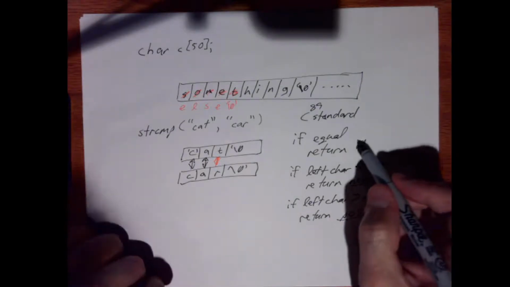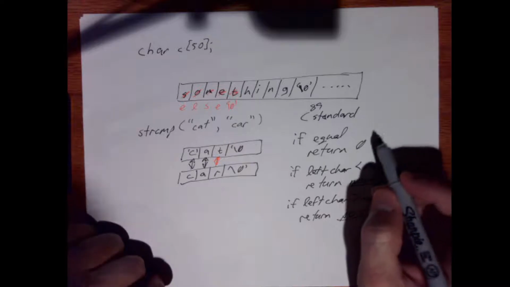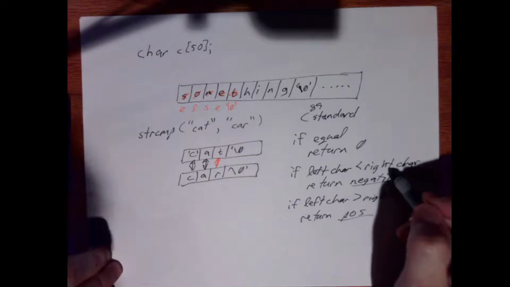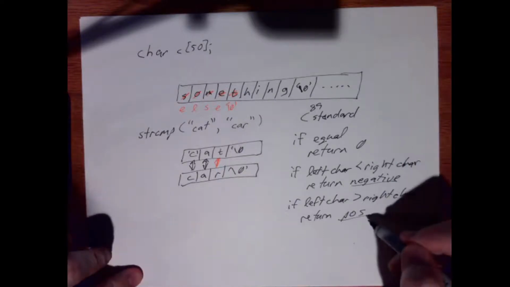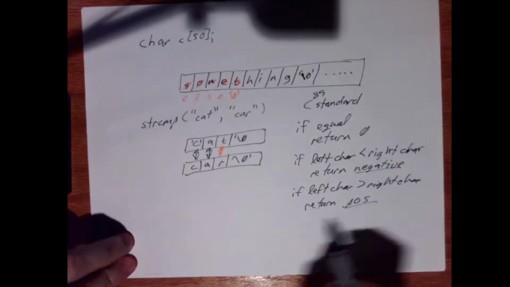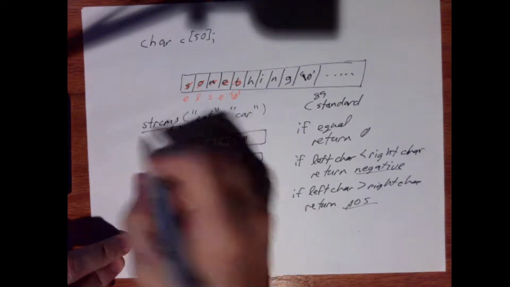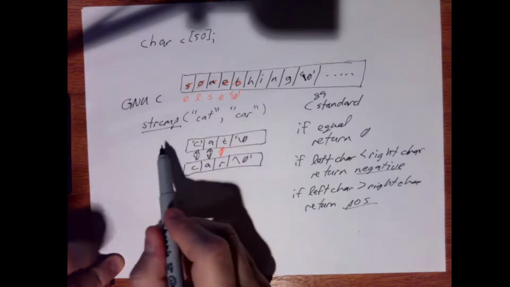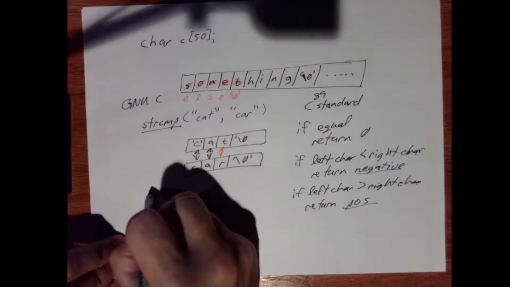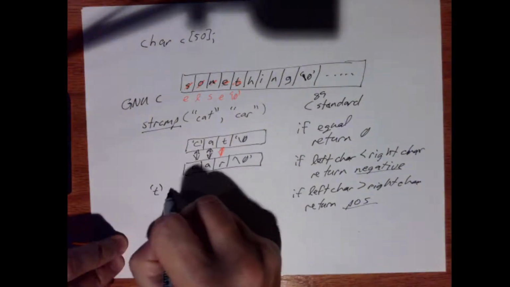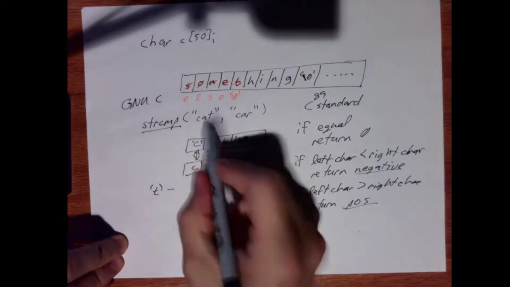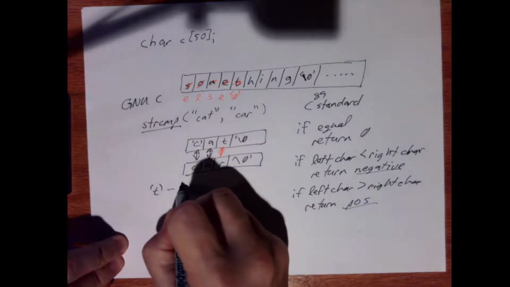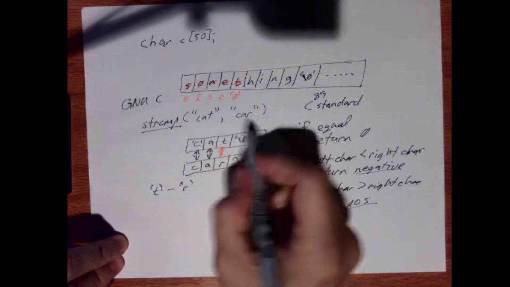Now 0 obviously is unambiguous, 0 is 0. But what does negative and positive mean? The standard doesn't specify what negative number or what positive number. So if you're using the string compare function that's in GNU C, which is what I'm using here on Linux, it takes the characters, in this case a T, so this was in the left string, and subtracts to it or from it the other character.